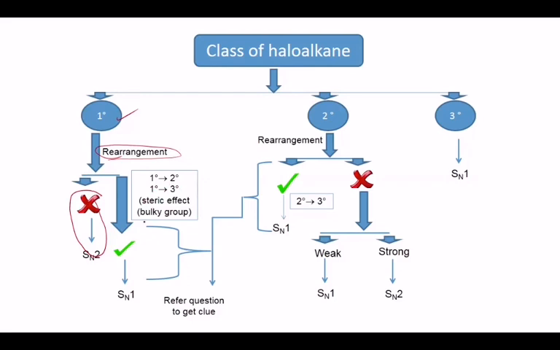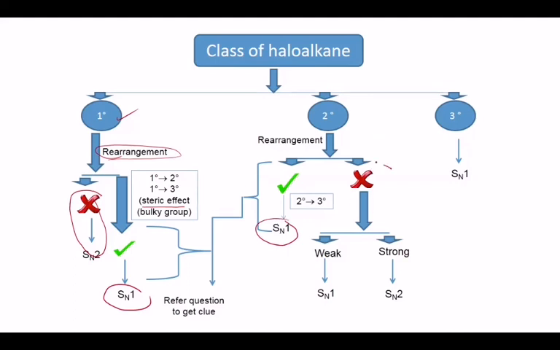it means that a steric effect exists, and because of the bulky alkyl group, it will go SN1. If it is a secondary haloalkane and it is possible to have rearrangement, meaning the neighboring carbon is more stable than it, it will undergo SN1.